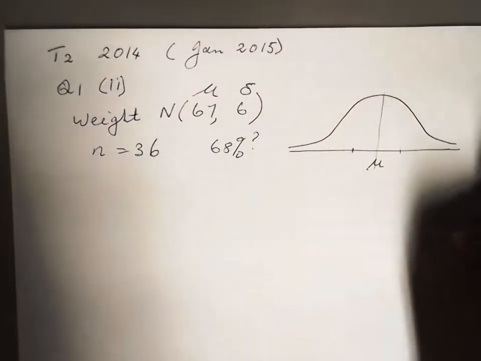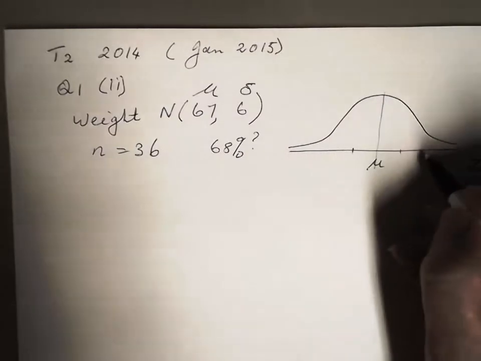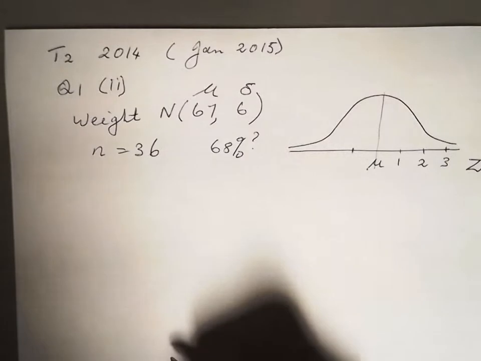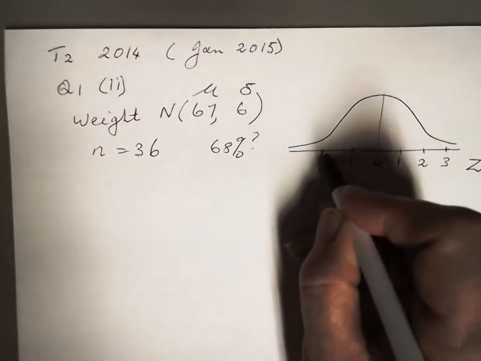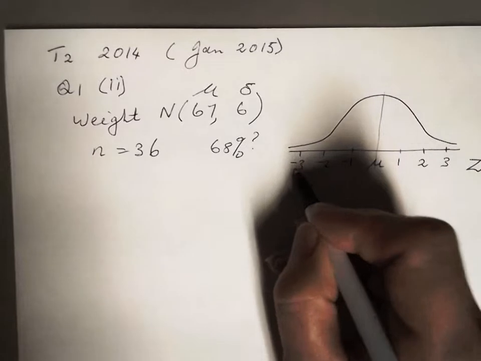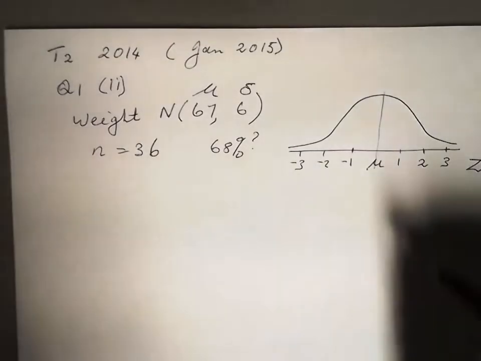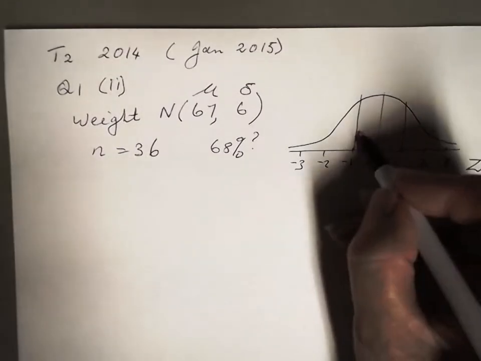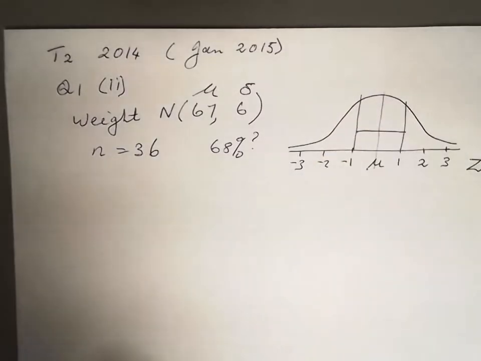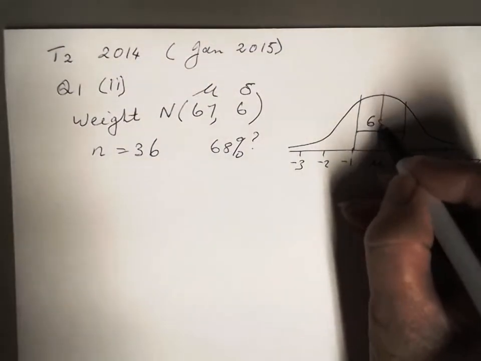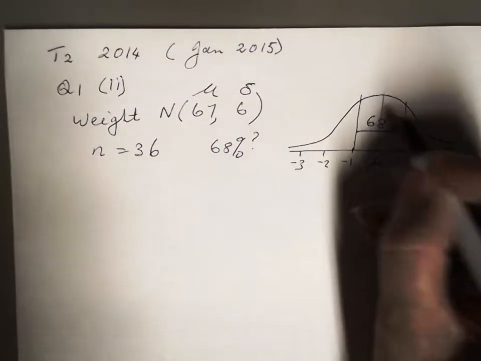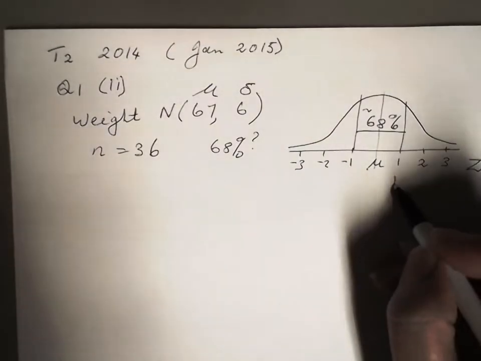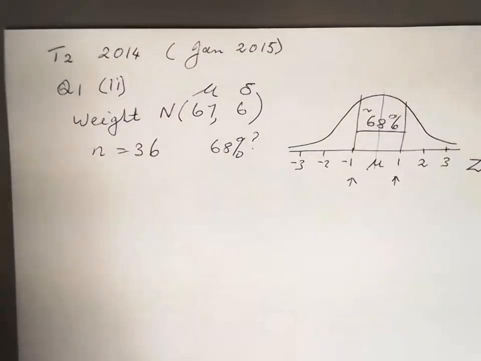Using this as a Z scale, this is 1, 2, 3 standard deviations away from the mean, and this is -1, -2, -3. And we know that if we go one standard deviation either side of the mean, that covers approximately 68% of our information. So we want to find these end points.